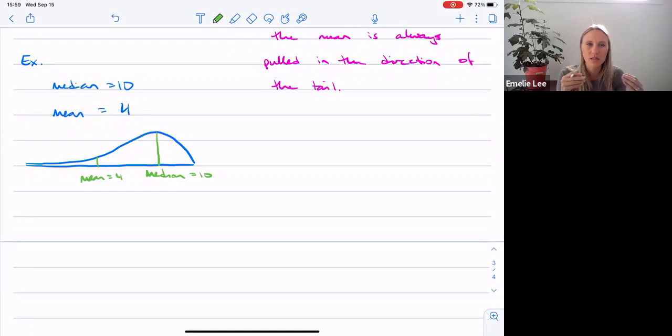And that's just kind of good for just off the cuff summarization, right? If you just have the values quickly, then first thing I do is I compare the mean and the median. And if they're similar, I can assume that I have a symmetric distribution, right? If they're different, then I know I have a skewed distribution and it's skewed in the direction of the mean.